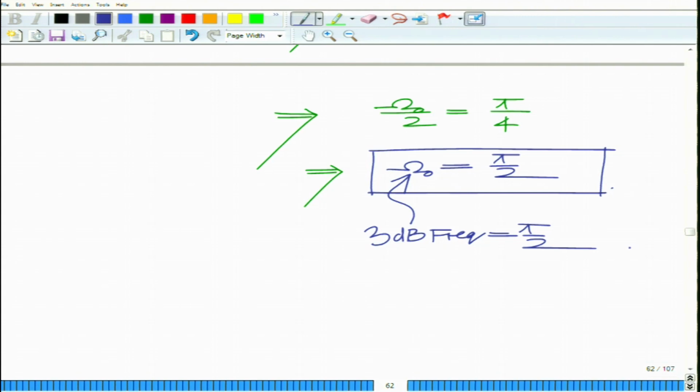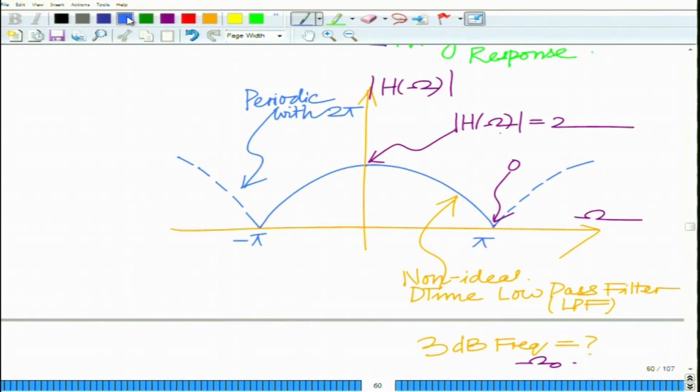So, the 3 dB frequency is pi by 2, and if you look at this, you can indicate the 3 dB frequency over here. If you look at pi by 2, this will be 1 over square root of 2, and therefore, this will be your 3 dB frequency.